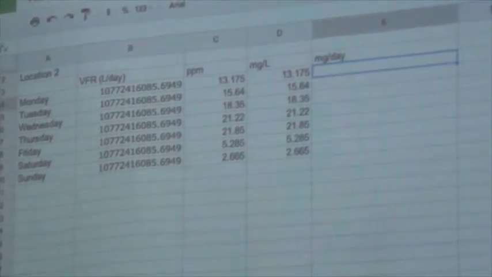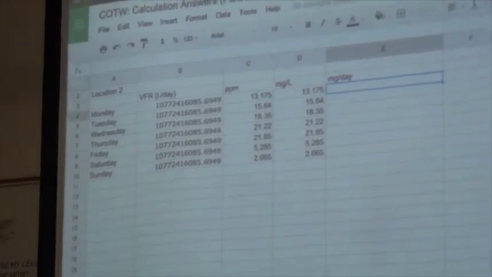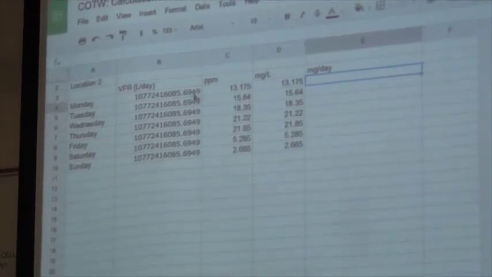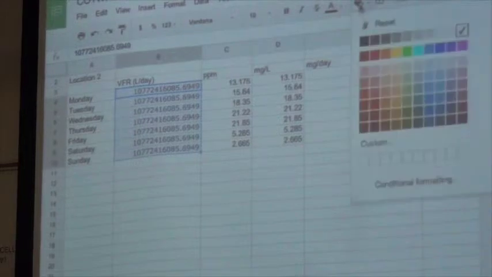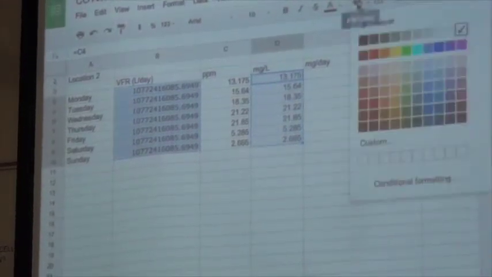Who's calculating it? Multiplication. Somebody's got to calculate. Multiply this number by this number.